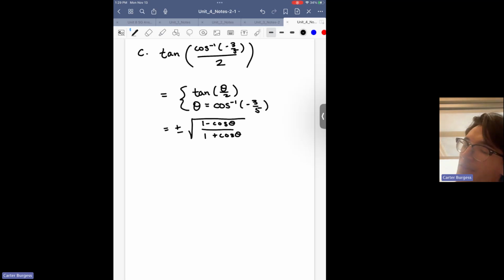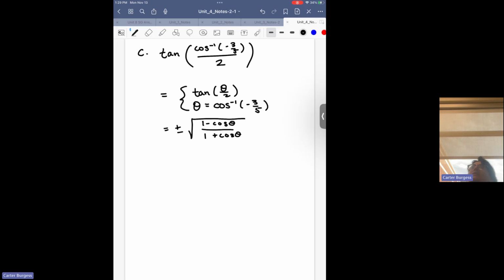And how can I rewrite the fact that theta is equal to cosine inverse of negative 3/5? Rewrite that sentence. Reframe that sentence. No. I mean, like what is the? I see what you were doing, Dylan.